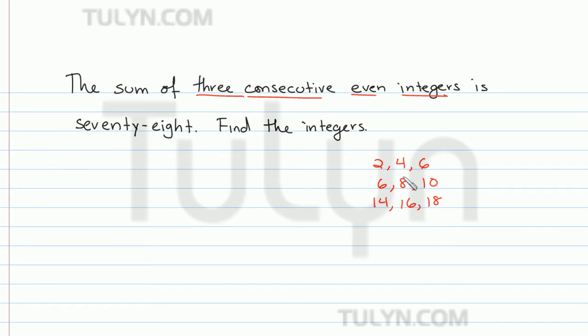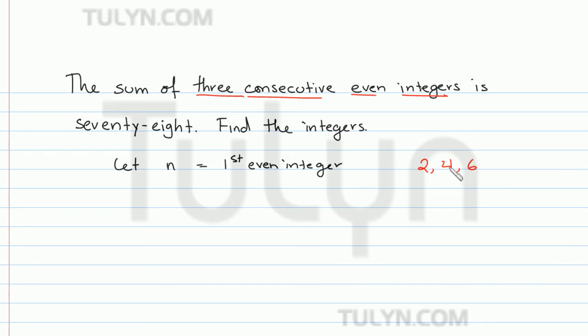So when we're constructing this problem, how we label our variables is you can let n be the first even integer. Then for the second even integer, think of how you get from one even integer to another. For example, 2, 4, 6.